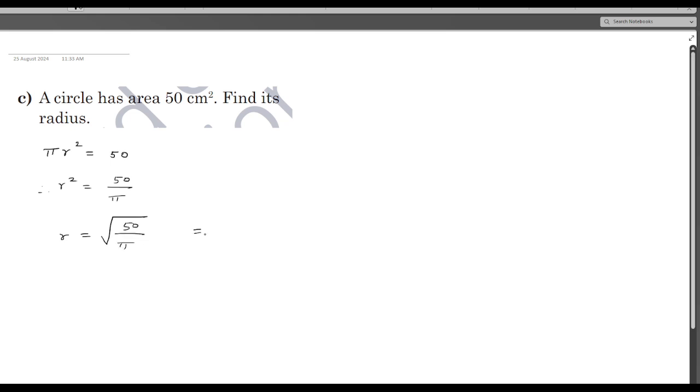So the square root of 50 divided by pi, 50 divided by pi will be 3.989. So this we can consider as 3.99, unit will be centimeter. So your radius is 3.99 centimeter.